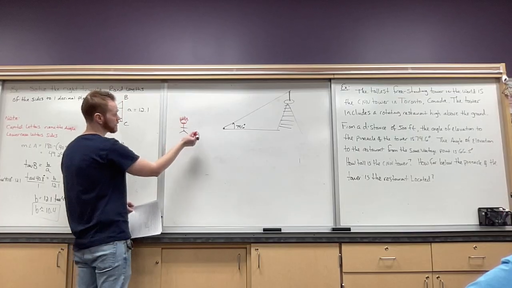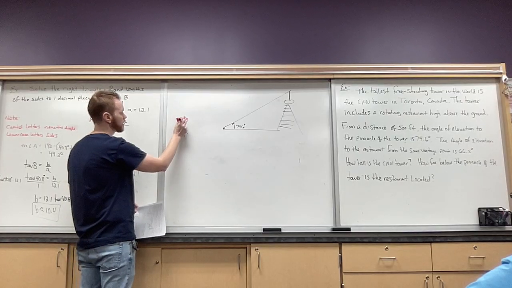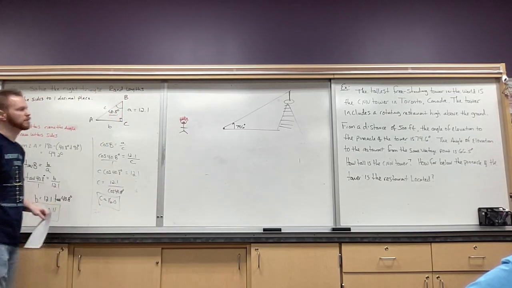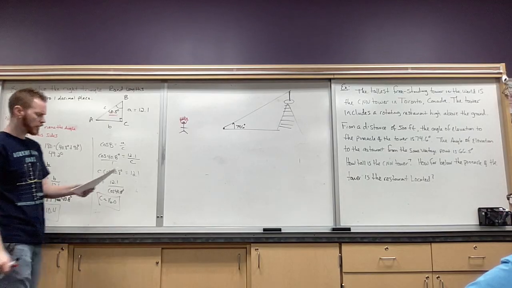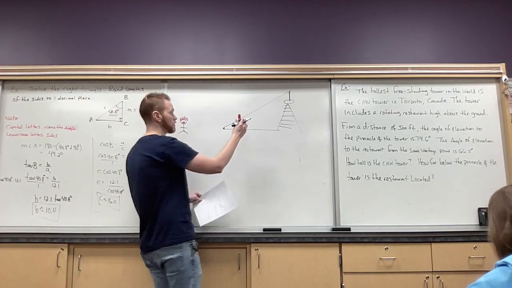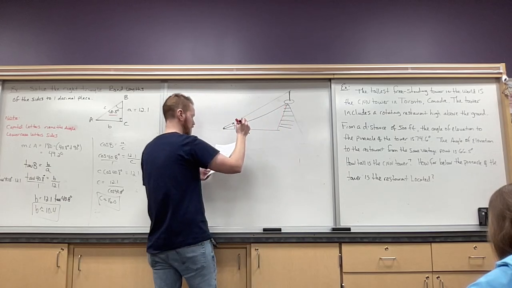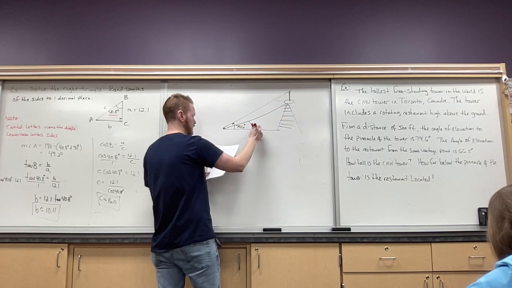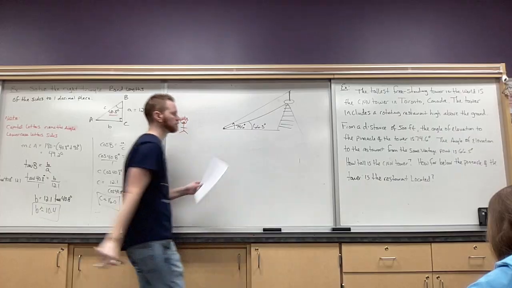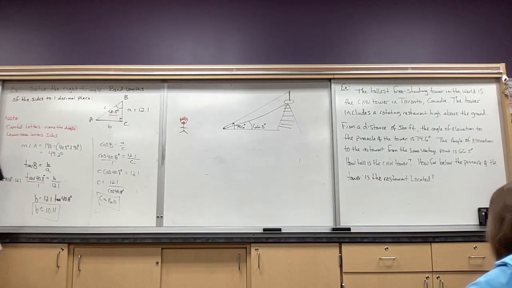That's me watching. Now we have another angle of elevation to the restaurant, which from here to here is 66.5 degrees. So again, with two angles of elevation, you have to be careful how you draw it.